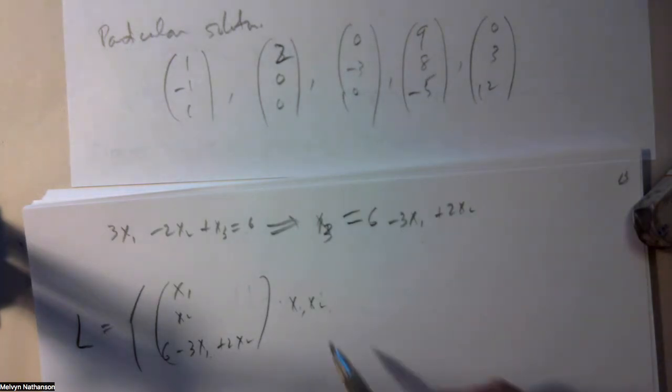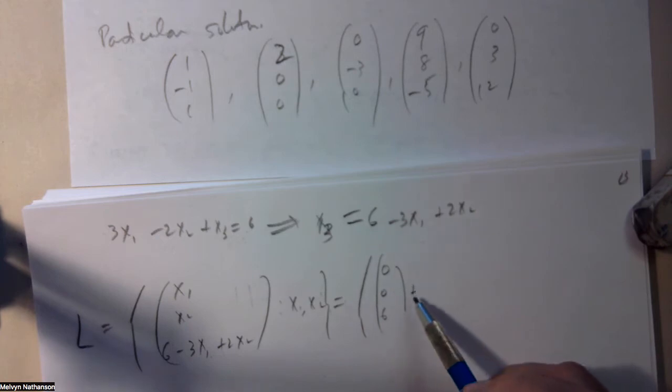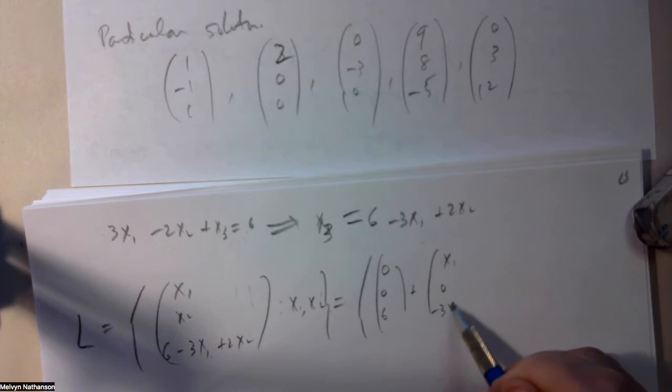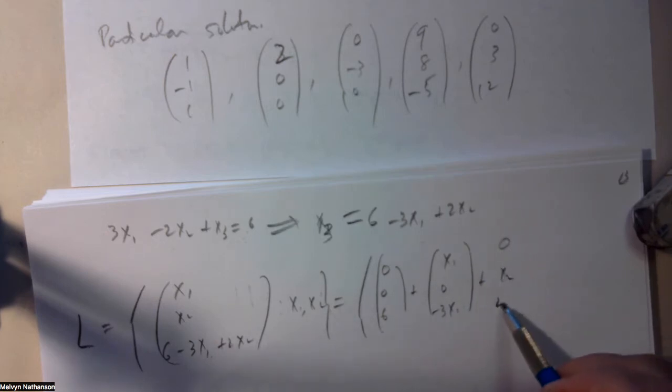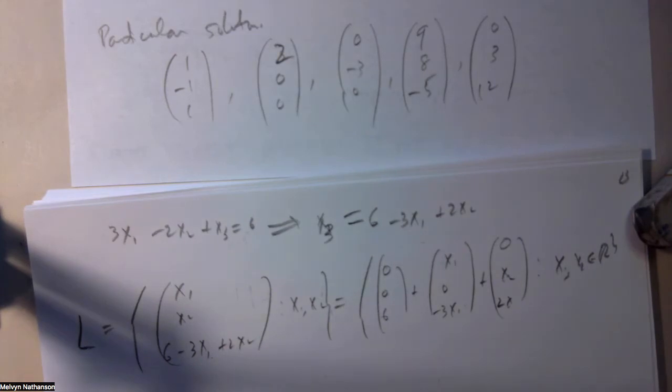And I can separate this as the vector 0, 0, 6 plus the vector x1, 0, minus 3x1 plus the vector 0, x2, 2x2 for any values of x1 and x2.